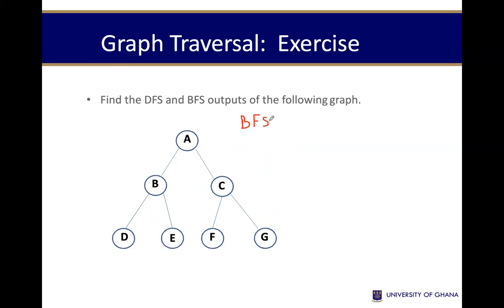And here the starting node is A. So this is an example of a tree, an acyclic graph. I'm going to have A. Then when I'm done, I need to come to B to be 1, C to be 2.